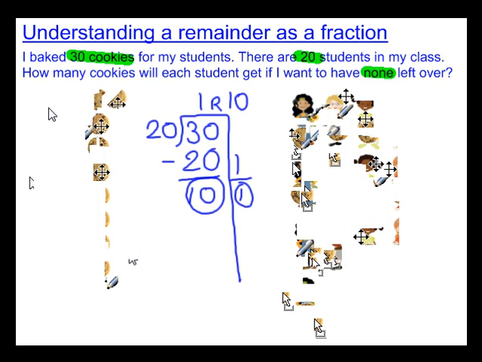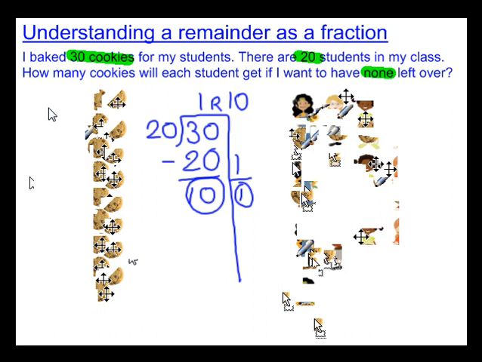Look at that. If we cut each cookie in half, how many cookies or pieces of cookie will we have left? Well, if we had 10 whole cookies, which we did, up here, you see our remainder was 10. If we had 10 and we cut them in half, we have double, which is 20.